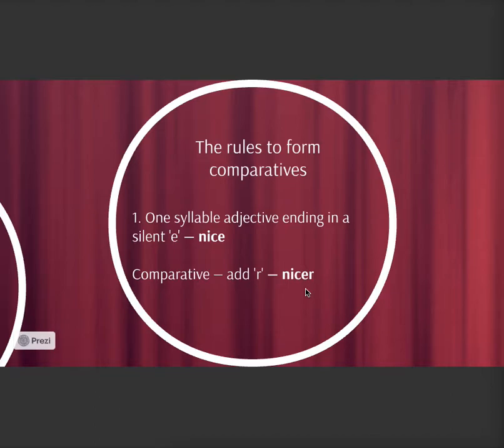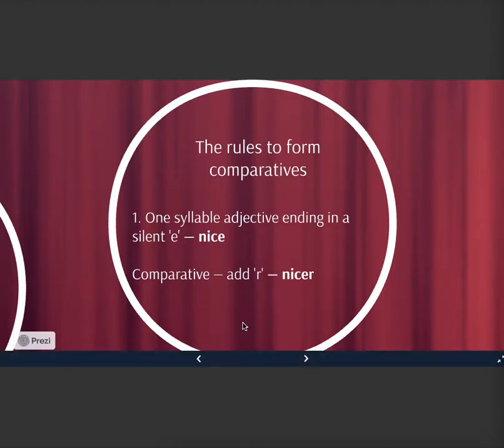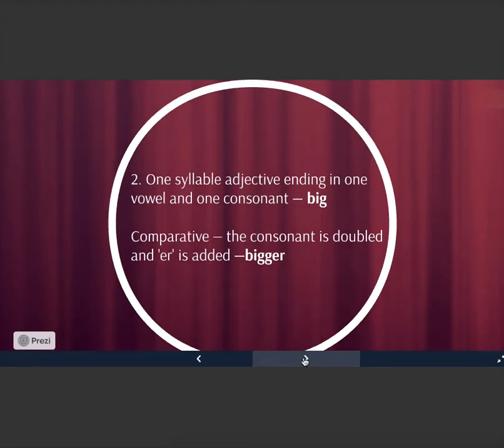What is the meaning of nice, babies? That's nice. It's like that's okay. It can be also pretty. So nice. Remember that. Please open your microphones, guys, because sometimes I won't be able to read the chat, okay? So look at this. Nice, nicer. Rule number 1. Let's continue.